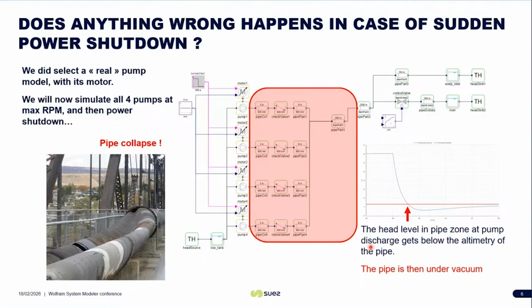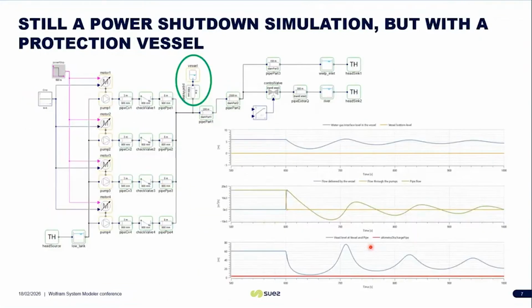On the next slide, we can see that we added a vessel on top of the model, a pressure vessel. So this vessel acts as a reservoir with compressed air inside, acting as a cushion, and so it provides flexibility during the shutdown. When power drops and pumps rapidly lose their ability to supply flow, the vessel temporarily supplies water to the network.